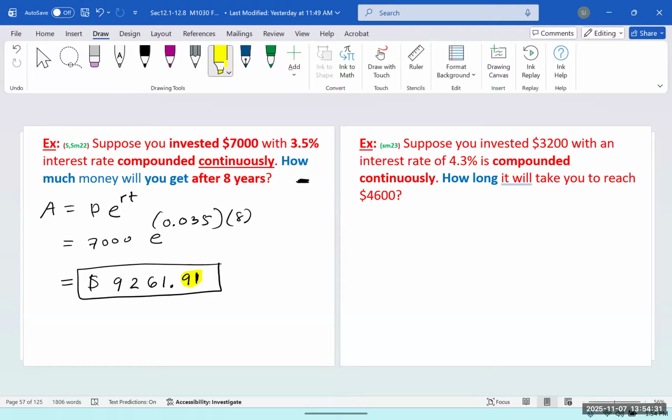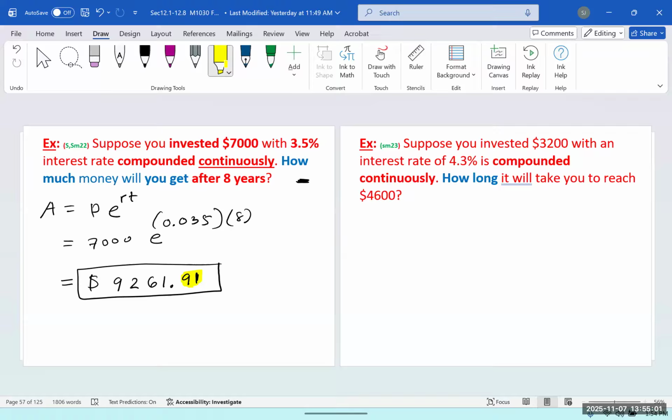So you went to the bank and told the bank, hey, bank, I want to compound continuously because now I know with compound continuously, I'm going to get the highest money. Bank said, okay, I'm going to give you 4.3% interest rate. And now you're wondering, well, with 4.3% interest compound continuously, how long do I have to wait to make my 3,200 into 4,600?